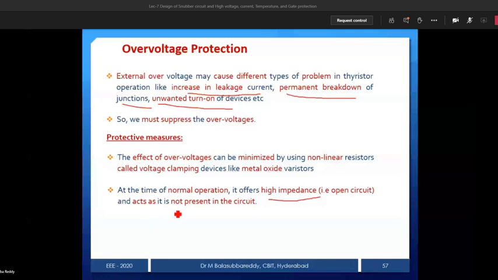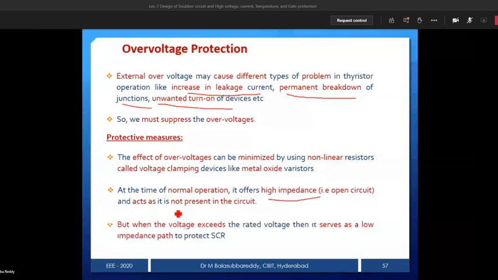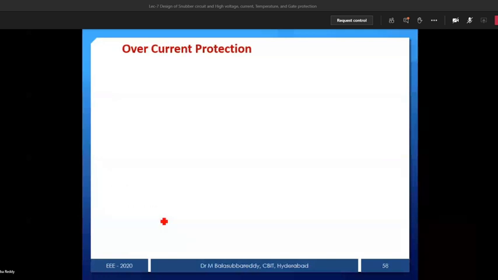But once the voltage increases beyond the level, automatically it will act as a low impedance path to protect the SCR. This is the reason we are using varistors. That means metal oxide varistors are used for over voltage protection. So this is the process under over voltage condition.